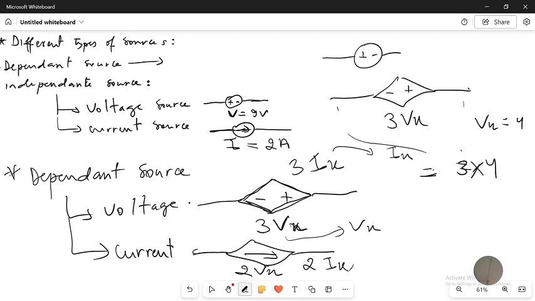Why 4? Because the value of Vx equals 4, which gives me 12 volt, meaning this source is 12 volt when the value of Vx equals 4.